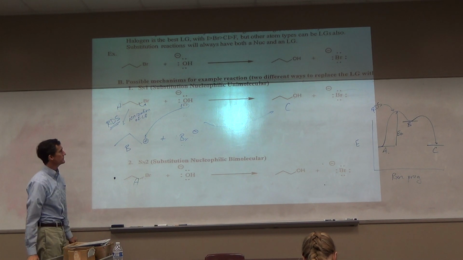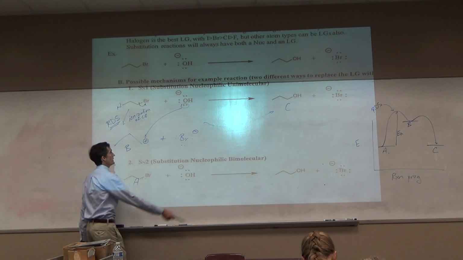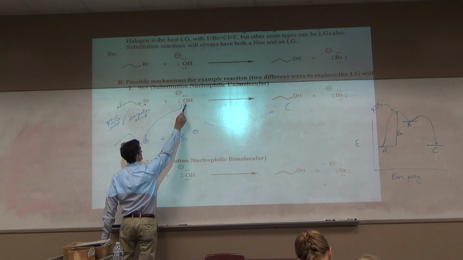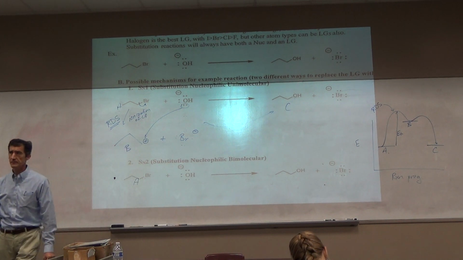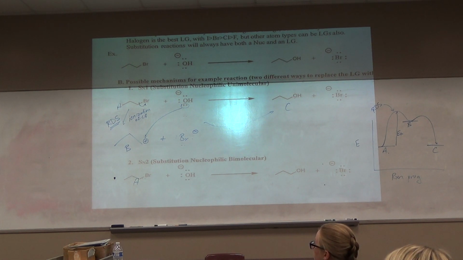What are the consequences of that? Well, what if we doubled or tripled the concentration of the hydroxide? Would you expect the rate of this reaction to change? Why not? More hydroxide means there's going to be more chance of it attacking the other thing. But the attacking of the hydroxide is not the rate determining step.